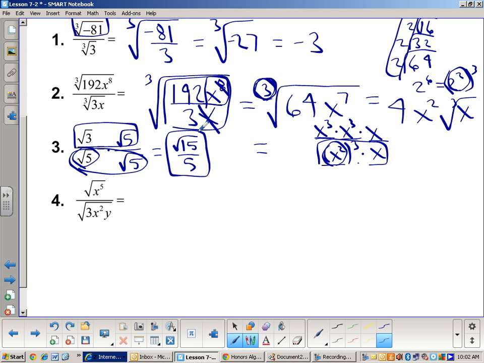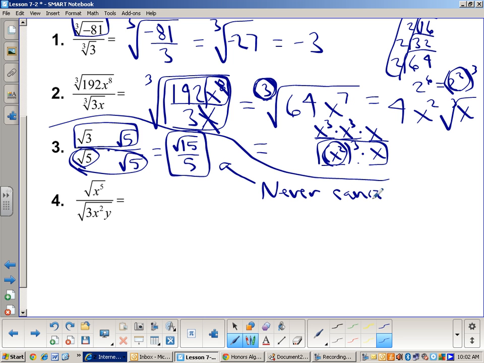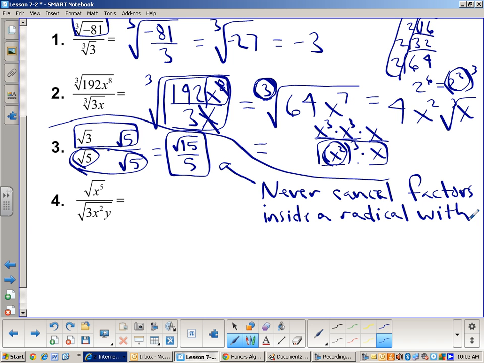One thing I want you to realize is never cancel factors inside a radical with factors outside the radical.